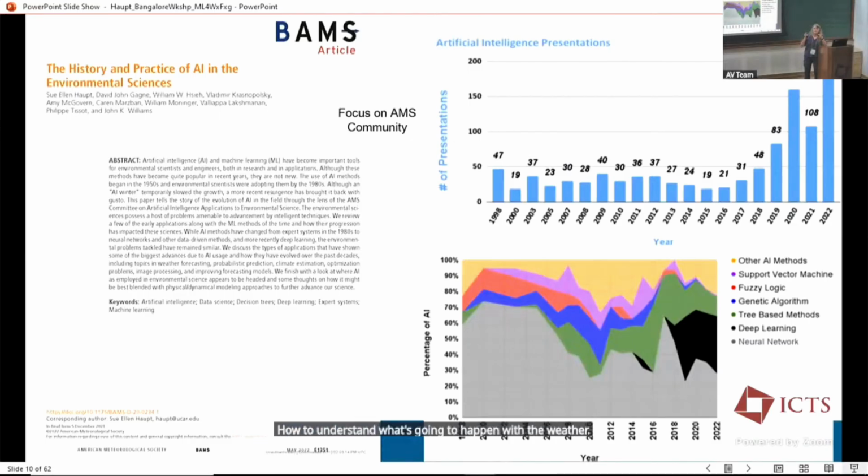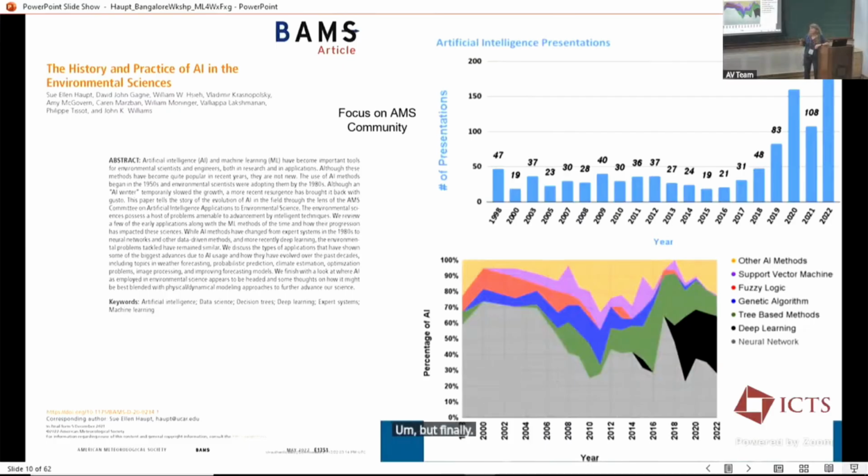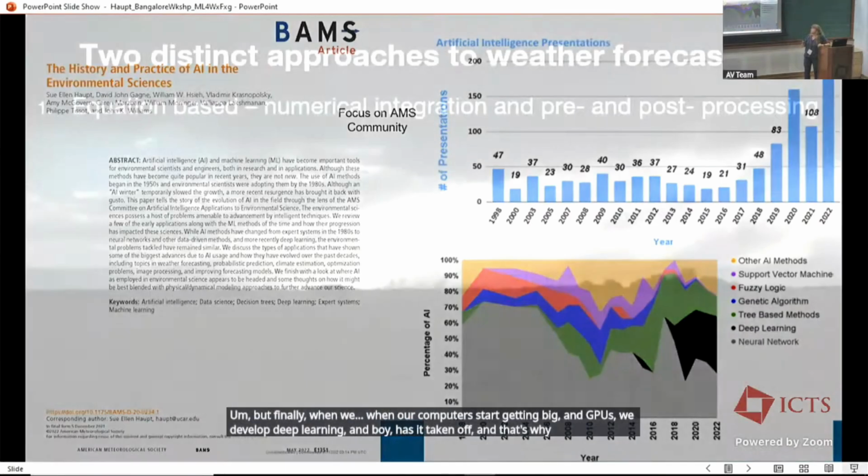Then from the 50s to about 2015, AI started arising, had a bunch of booms and winters. But finally, when our computers start getting big and GPUs, we develop deep learning, and boy, has it taken off, and that's why we're all here today, right?